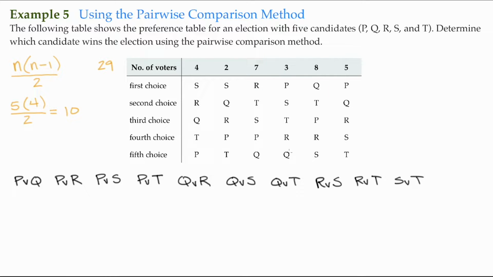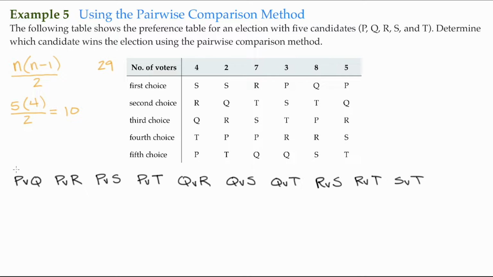P is ranked higher than Q for this next column. There's 3 more, that's 10. Q is ranked higher than P here. P is ranked higher than Q here, so we have 7 and 3, that's 10, and 5, that's 15. And 15 is a majority. That means Q got the other 14, but 15 had more higher ranking votes than Q.